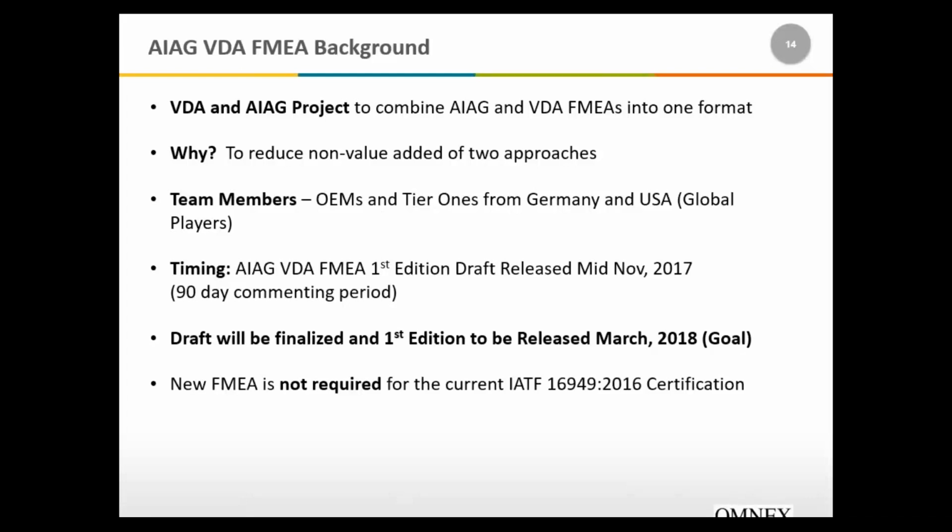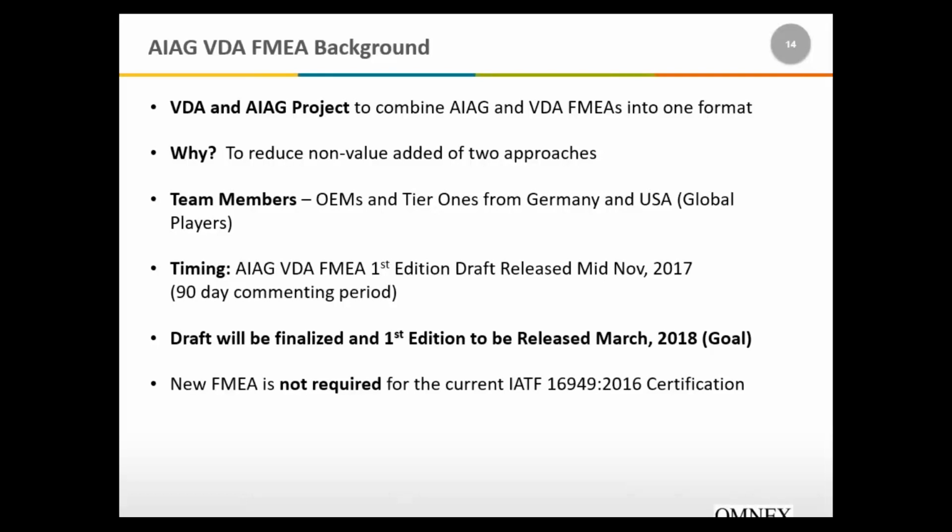Greg and I, with our counterparts in Germany, from our several different Omnex consultants who specialize in the VDA approach, had met several times and discussed the differences and the benefits and the problems with both the approaches prior to this task force being formed. So, we very much think it's timely that indeed such an endeavor was put into place.